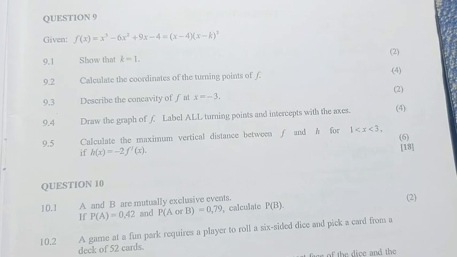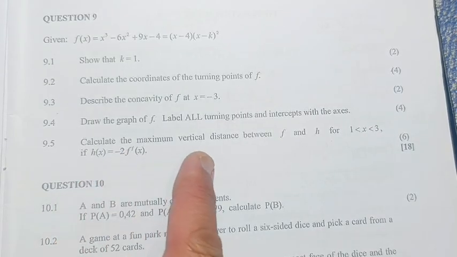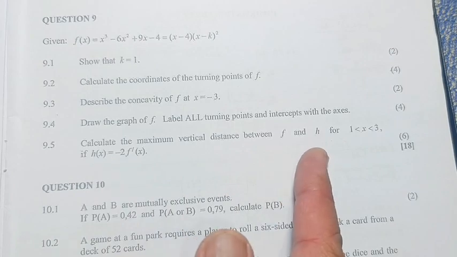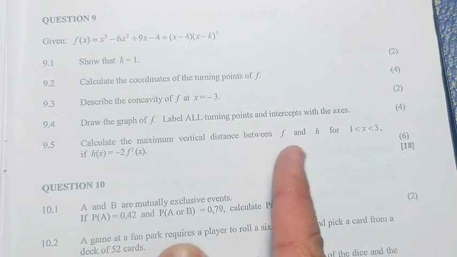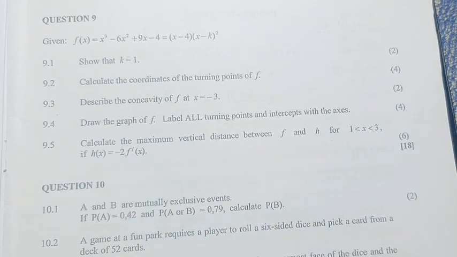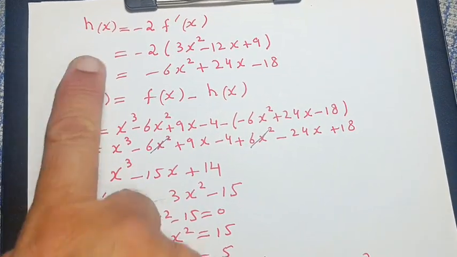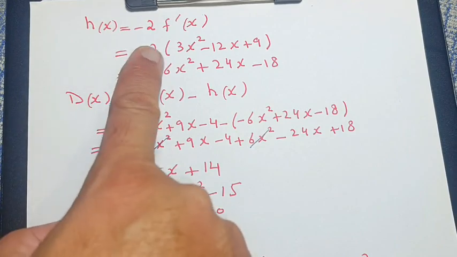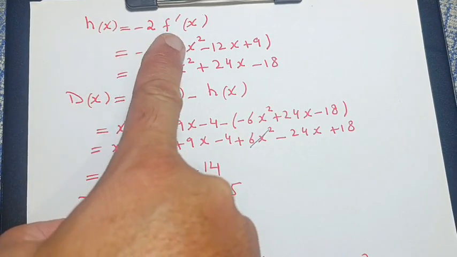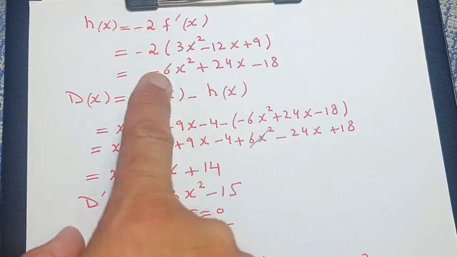Now, if according to the question you want to calculate the maximum vertical distance between F and H, so you decide F minus H, what will happen? Now you go for the calculation. This time you have h of x, which we already got, negative 2 multiply first derivative of x, and we got this one.